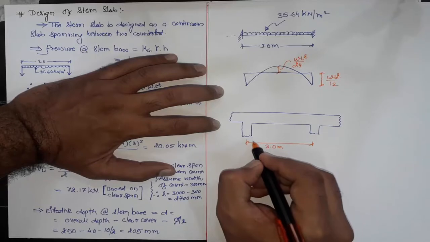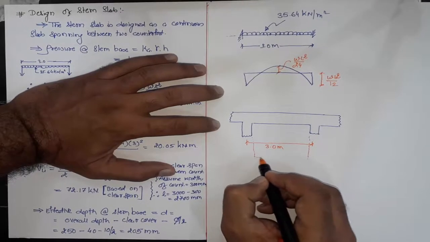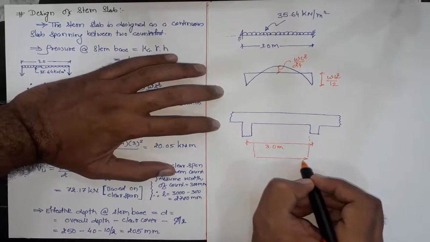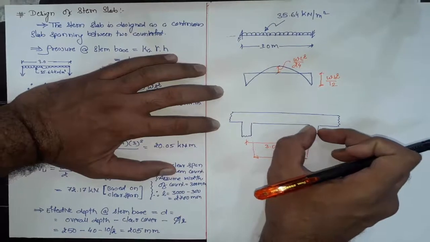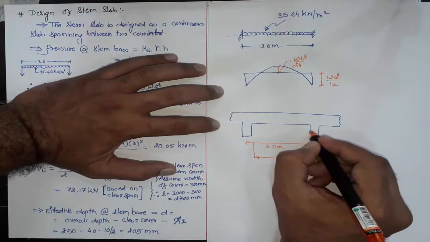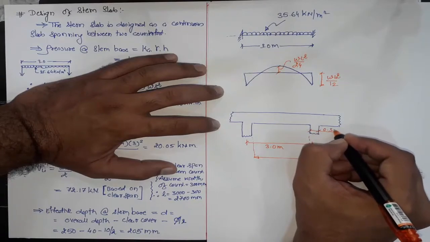Therefore, the clear distance between the counterfort will be center to center distance minus half the thickness of counterfort minus half the thickness of counterfort. Let us assume the thickness of counterfort is 0.3 meter.